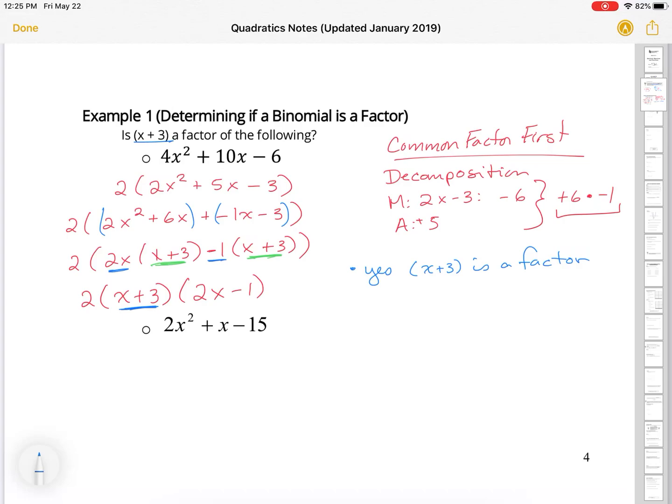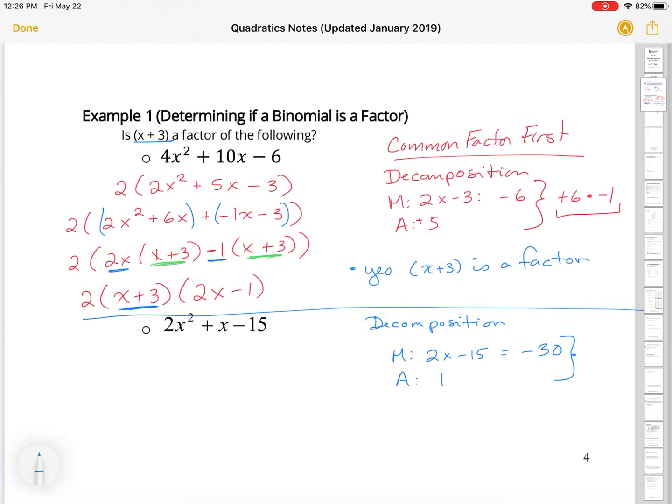So, next one. We want to know, is x plus 3 a factor? So we need to factor it. Now again, this is one we're going to have to use decomposition. I can't common factor anything out. So for multiplying, it is 2 times negative 15, which is negative 30. And it needs to add up to 1. So my two numbers are negative 5 and 6.